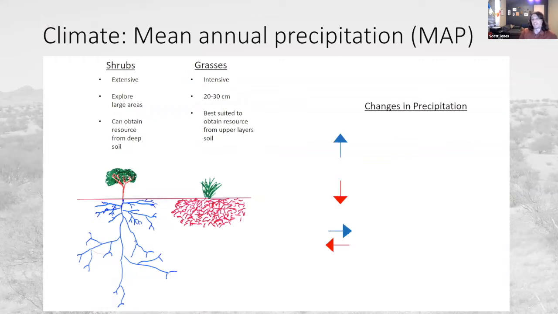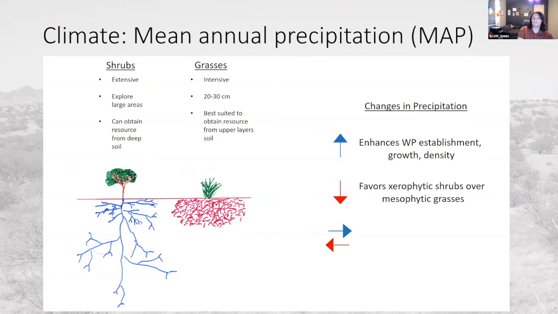So what happens if you start to change precipitation in an area? If you increase precipitation, what you can see is enhanced woody plant establishment. You have this competition when they're young between grasses and shrubs, but if you add more water to the system, that competition is decreased and it allows shrubs to grow faster and increase in their density.